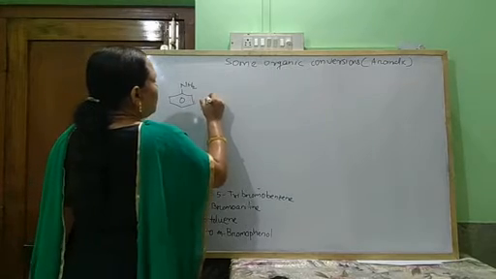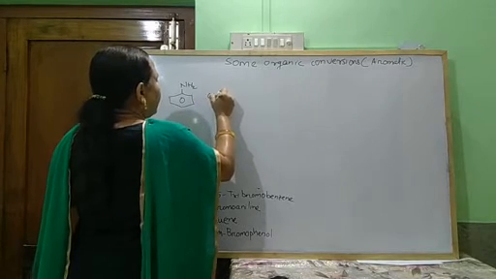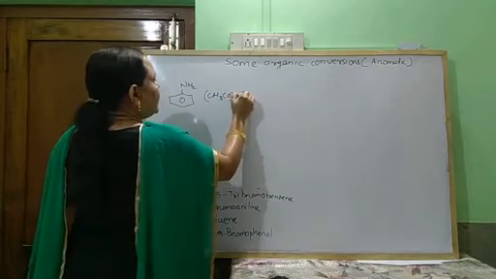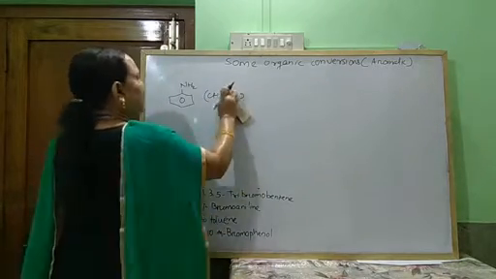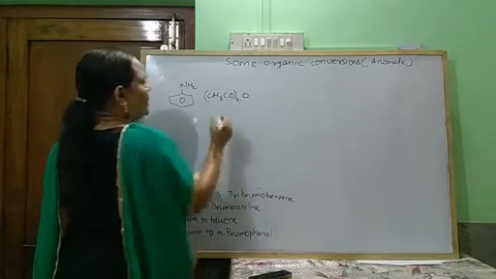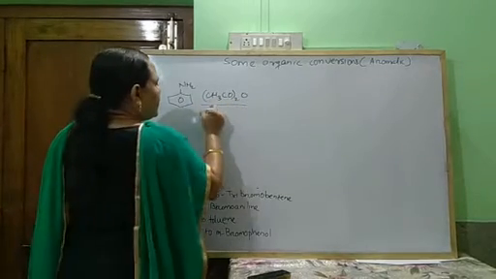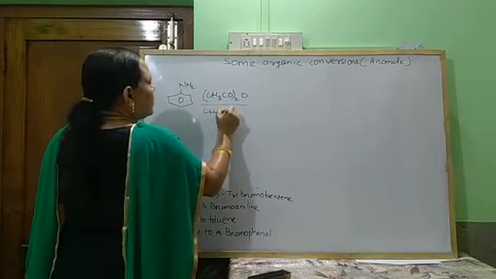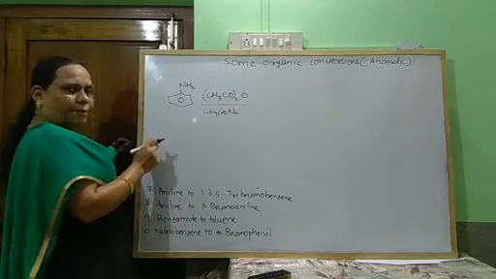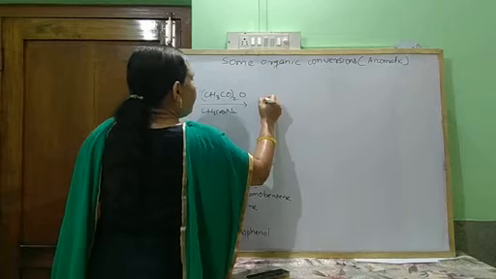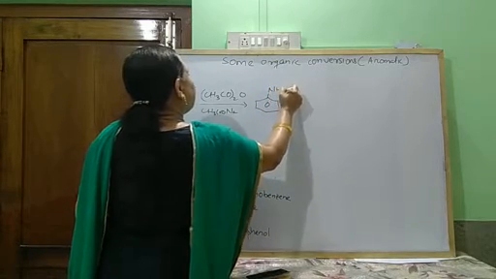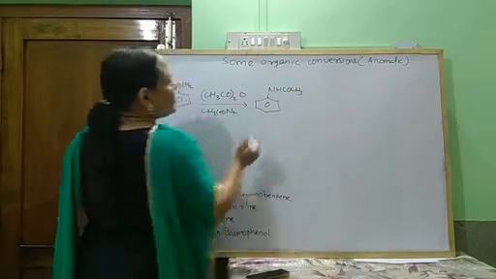So when this is treated with acetic anhydride in presence of sodium acetate, or acetyl chloride in presence of pyridine, it forms acetanilide, NHCOCH3.